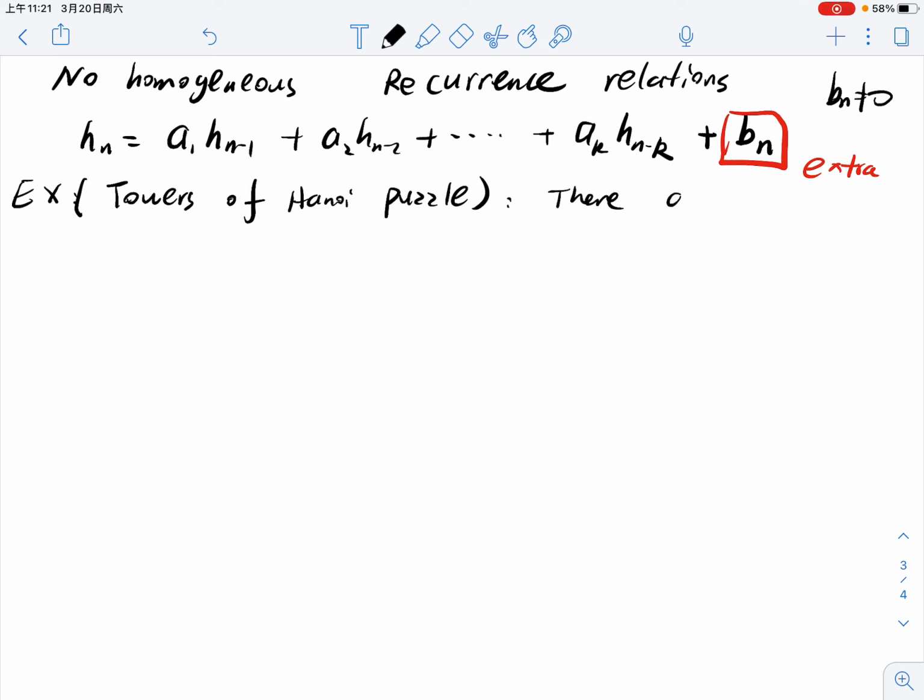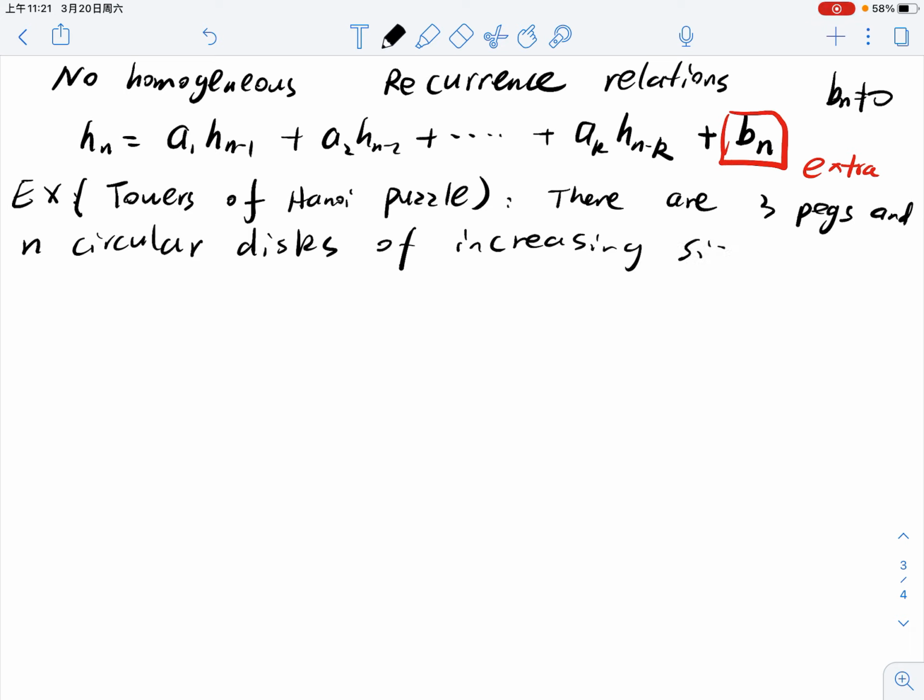So there are 3 pegs and circular discs of increasing size on one peg, with the largest disc on the bottom.